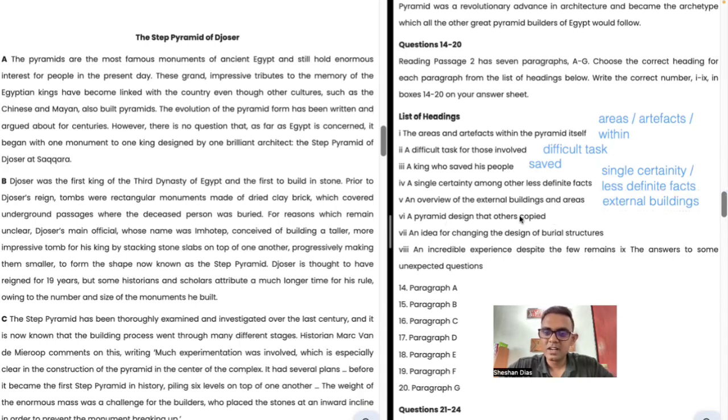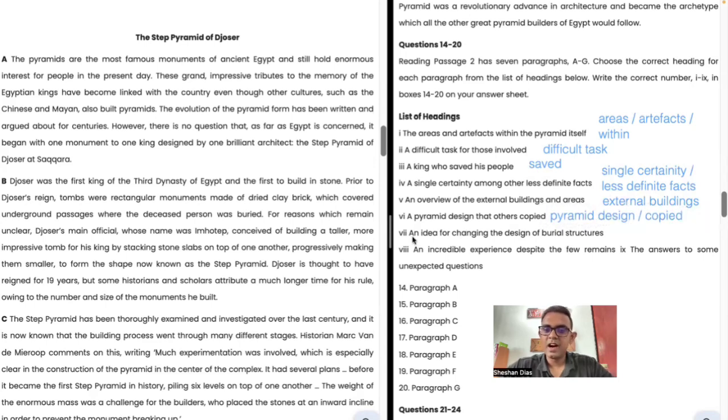A pyramid design that others copied. So again, it's very clear that the keyword here is copied. You can even write down pyramid design that others copied. Pyramid design and copied.